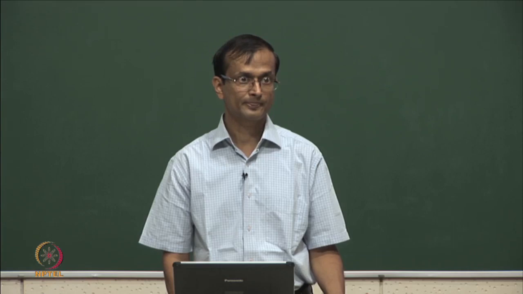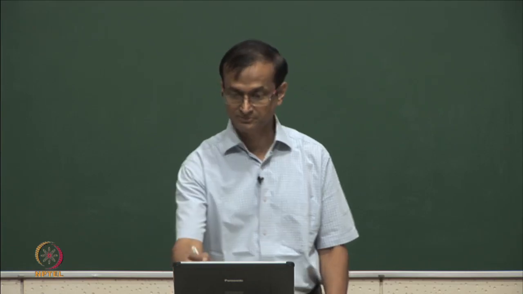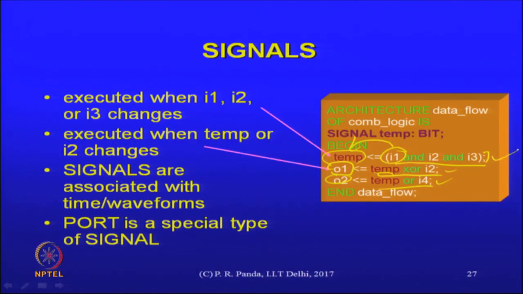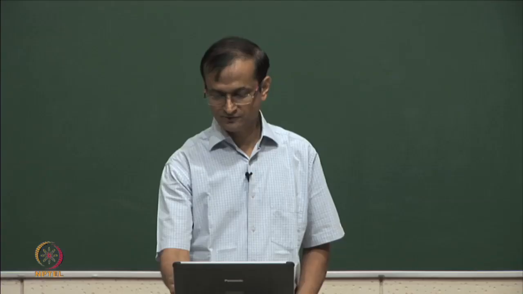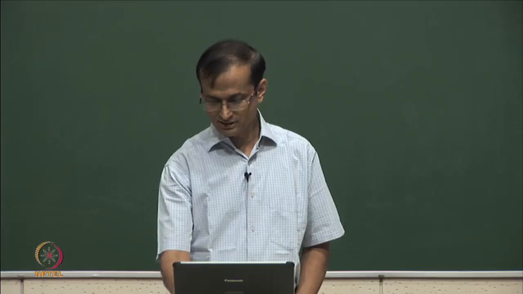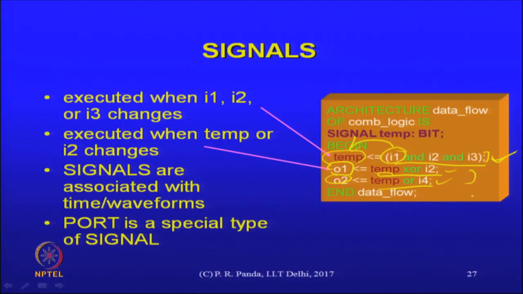Then the temp statement will be executing. It may result in a change in the value of temp, or it might not. Finally, the temp value may not be changed in some cases. But in the next statement, the compiler assumes that temp is not changed. Since the value of temp did not change, these other two statements would not even be triggered.